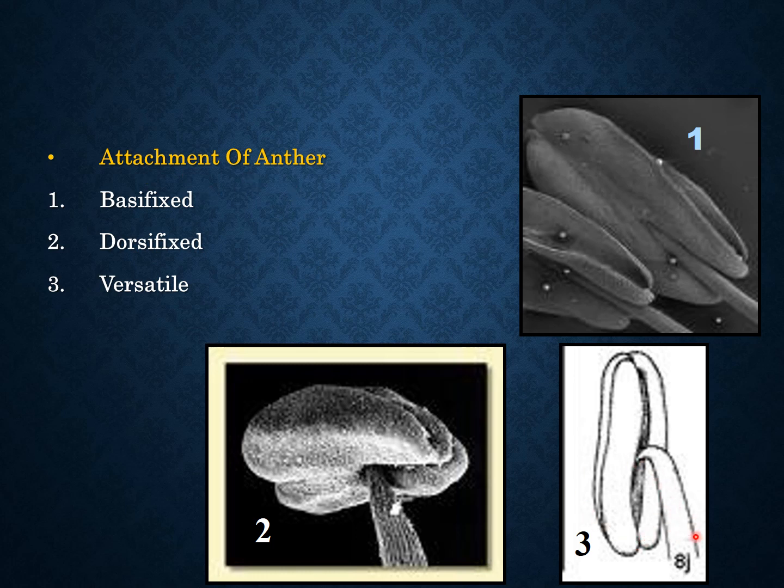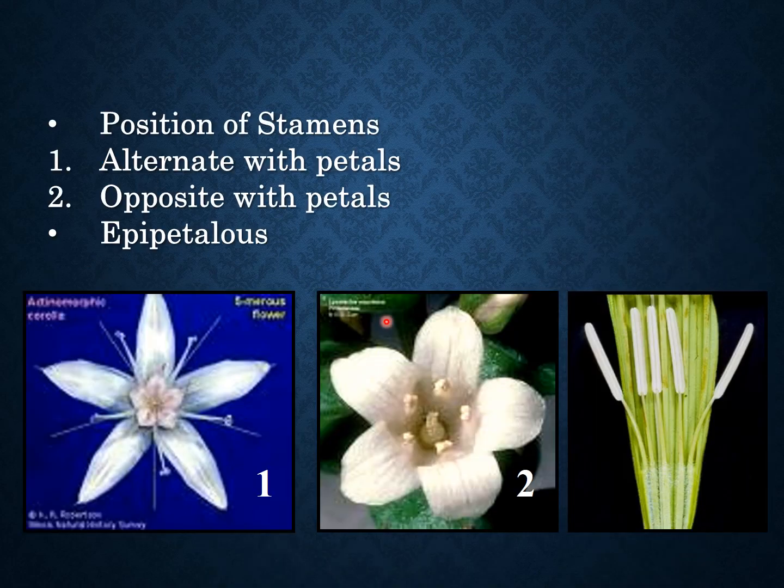When the filament is attached at the center of the anther, it is called versatile. When the filament is attached at the dorsal side of the anther, it is called the dorsifixed condition. And when the filament is attached at the base of the anther, it is called the basifixed condition.